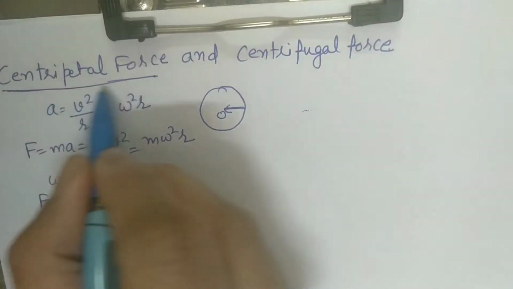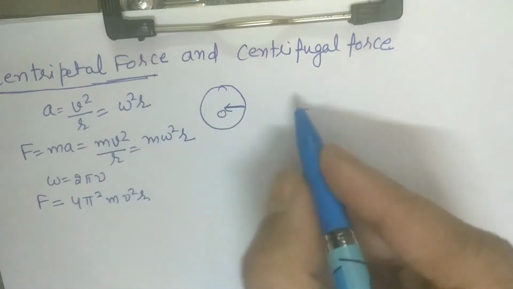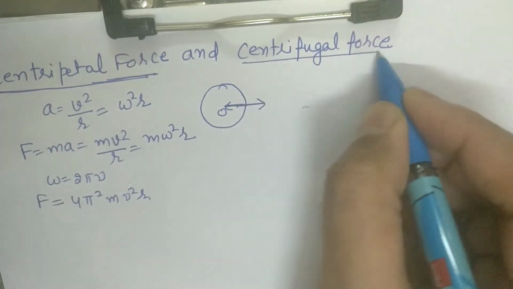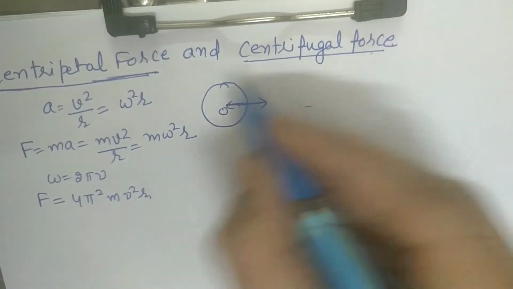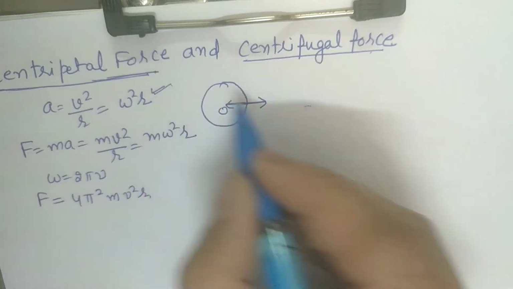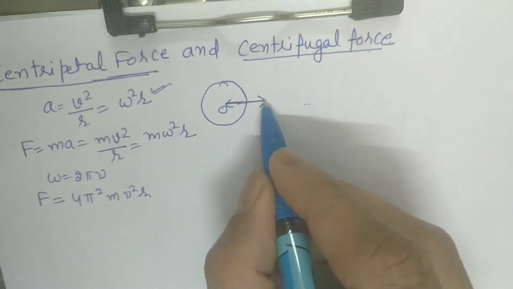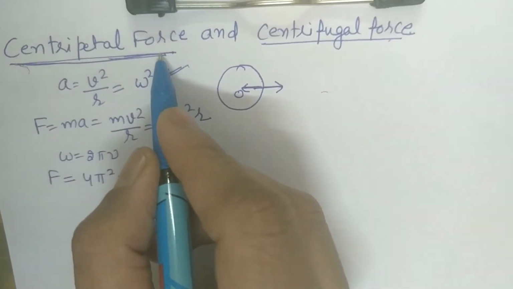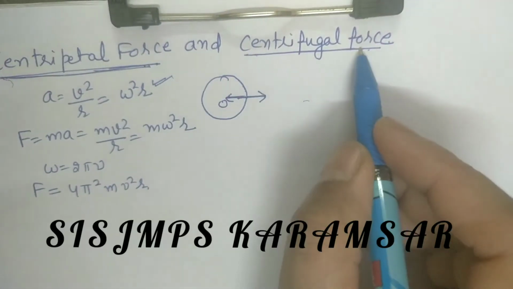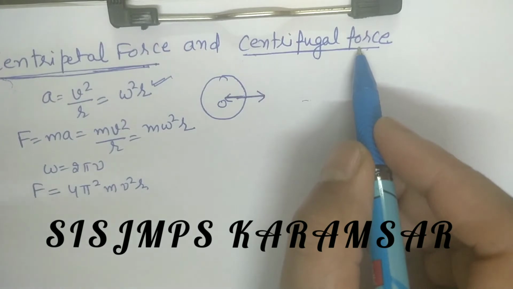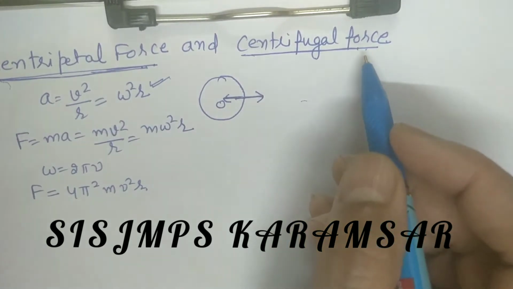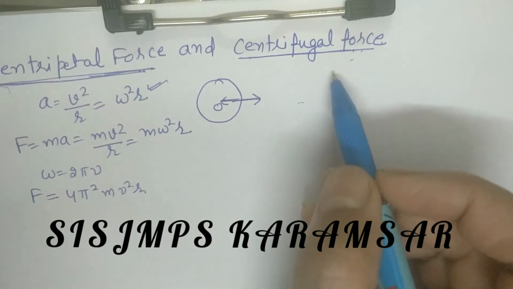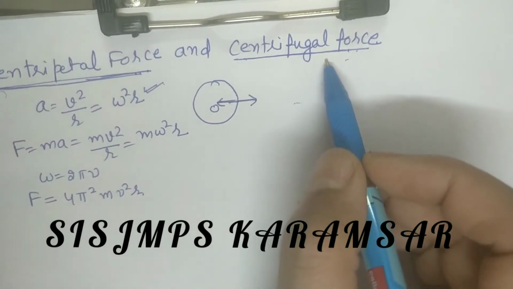But the force which balances this force and acts radially outward is called the centrifugal force, whose magnitude is the same as centripetal force but the direction is opposite to it. We know the causes of centripetal force, so it is called the real force, but the causes of centrifugal force cannot be identified, so it is called the fictitious force or pseudo force.